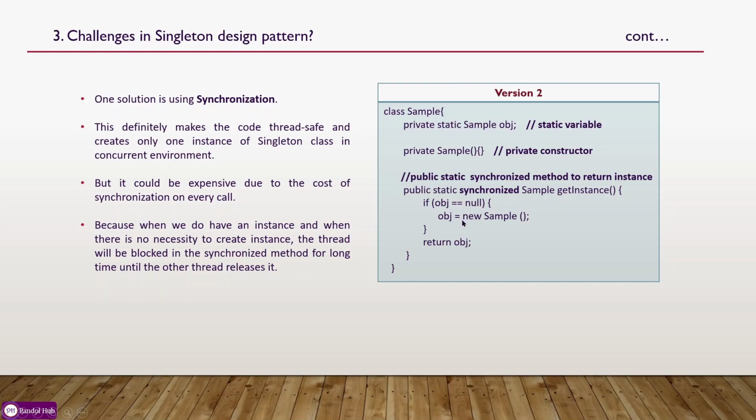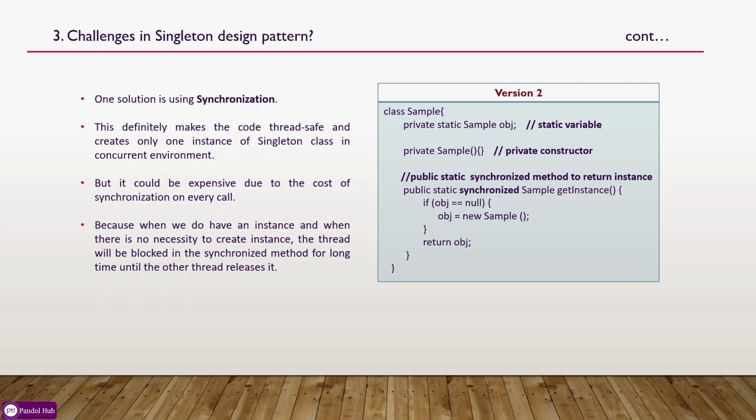But starting from the second thread, we don't need this if block at all because the object is already instantiated and we just need the object to be returned. So we made it synchronized to restrict multiple objects from being created.